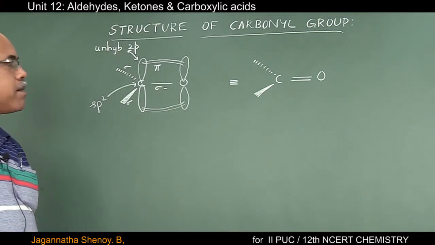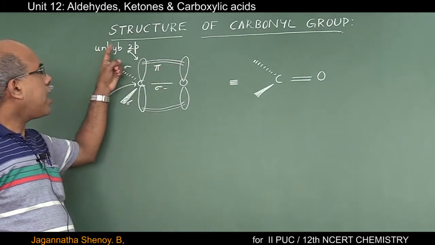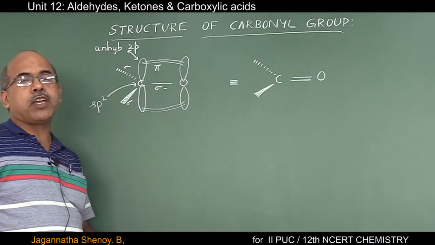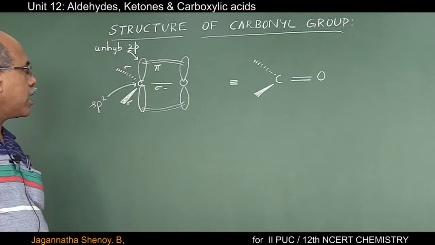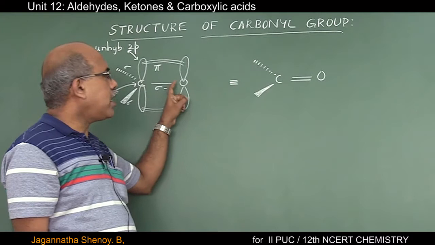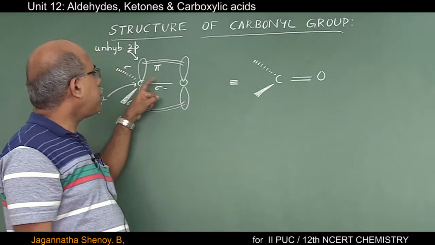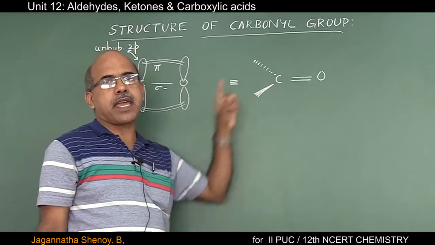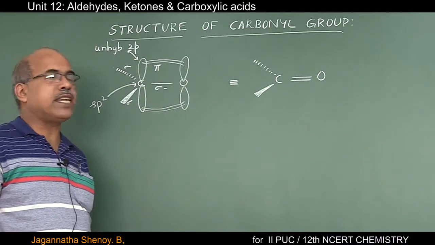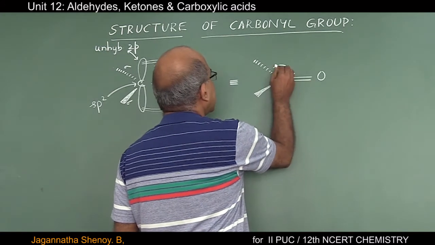So how exactly is the pi bond formed? By sideways overlapping of the unhybridized 2p orbital of carbon with one of the 2p orbitals of oxygen. As a result, if I write the structure, you see between carbon and oxygen, you have one sigma bond. Similarly, between carbon and oxygen, you have a pi bond. Now, if you measure the bond angle, you know whenever there is sp2 hybridization, the bond angle has to be 120 degree.